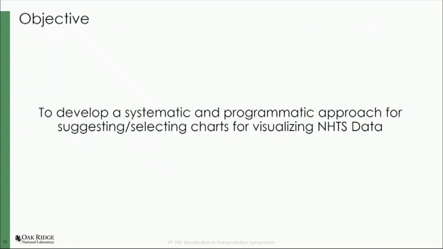So somewhere along that line, the objective of our research is to develop a systematic and, most important, programmatic way to suggest or to select charts for visualizing, specifically for National Household Travel Survey data.